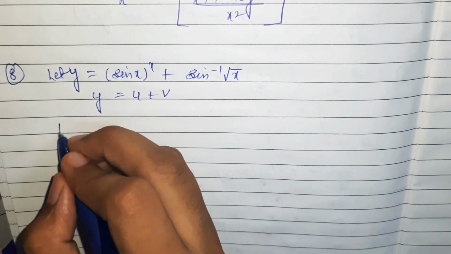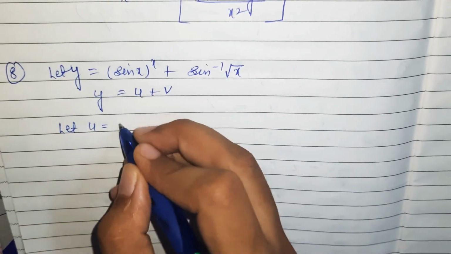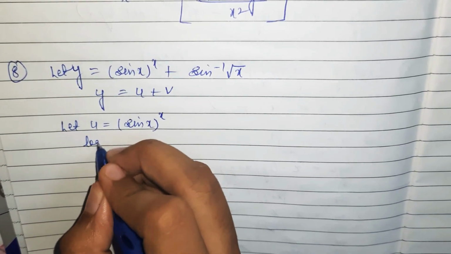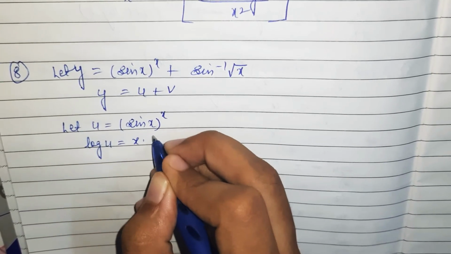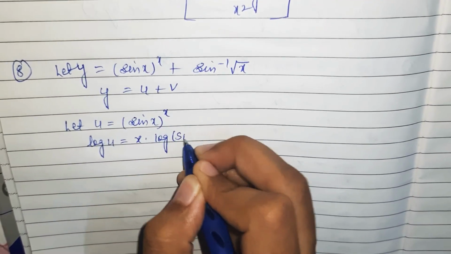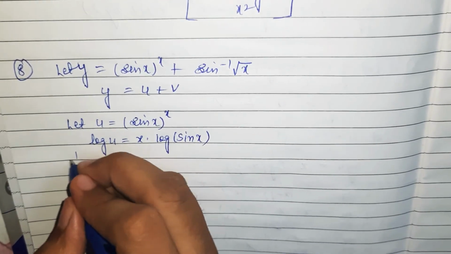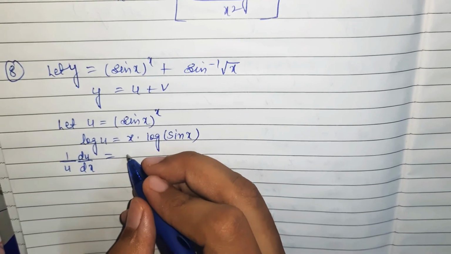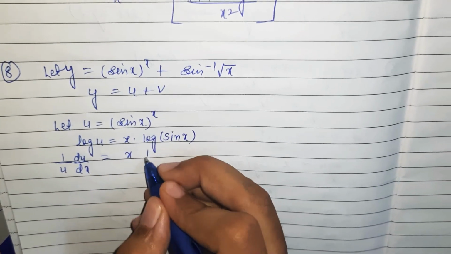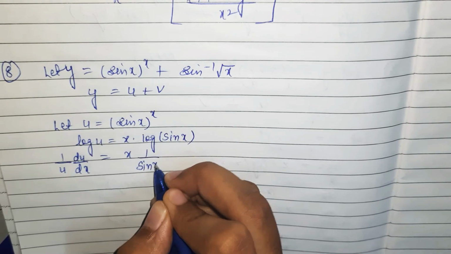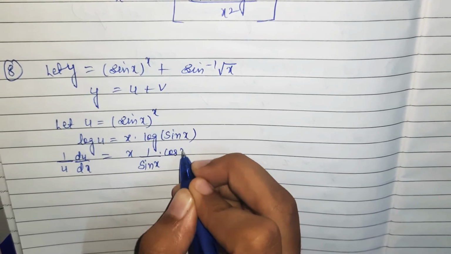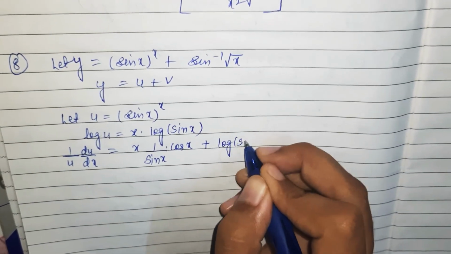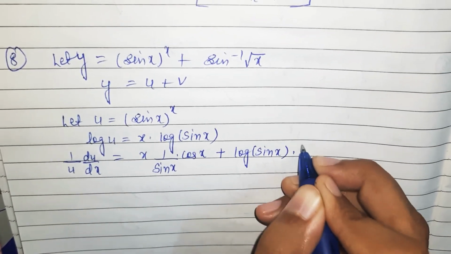So now let u = (sin x)^x. Then log u = x log sin x, and 1/u du/dx. Then we have first function same, 1/sin x is the differentiation, the derivative of sin x is cos x, then plus log sin x will remain same, and differentiation of x is 1.